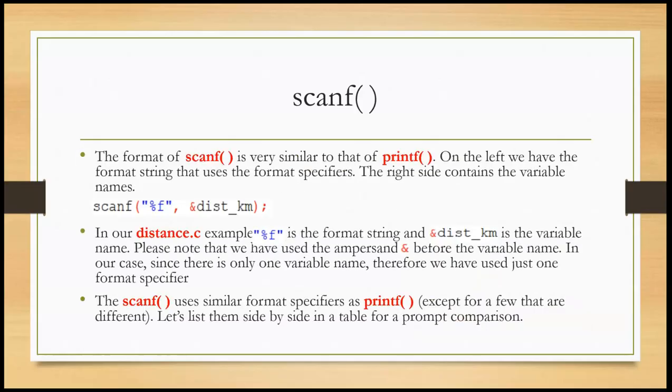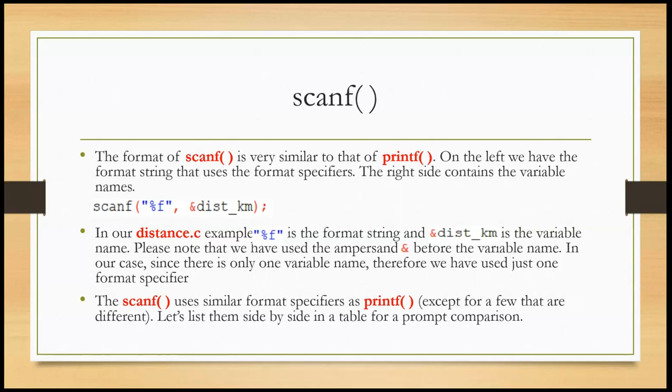Now let's recap what we have learned. The format of scanf is very similar to that of printf. Inside the parentheses, we have the format string on the left, and this format string uses the format specifiers. The right side contains the variable names.